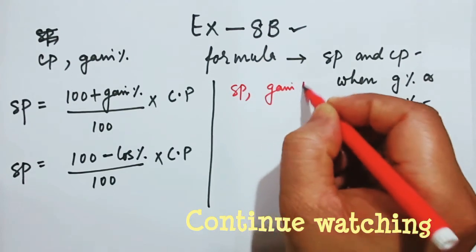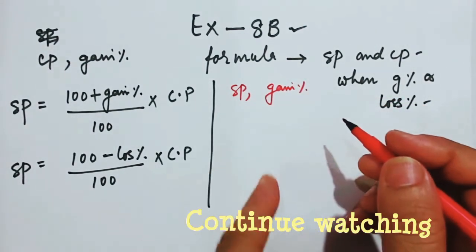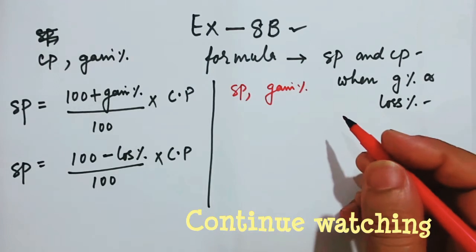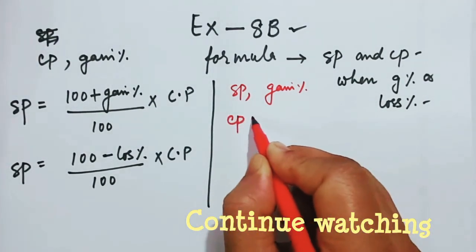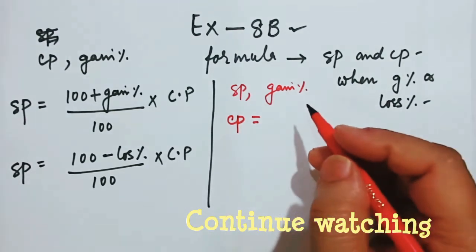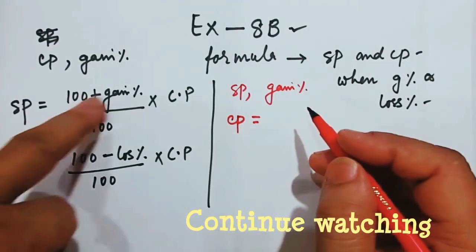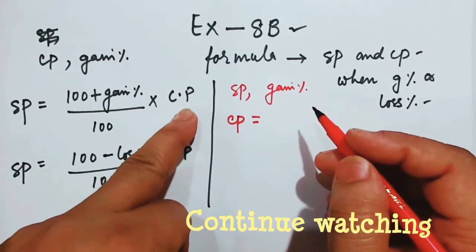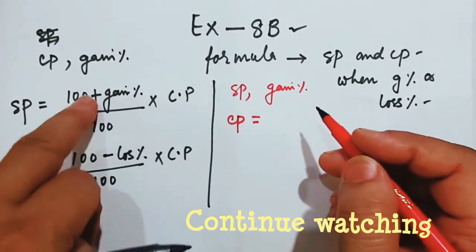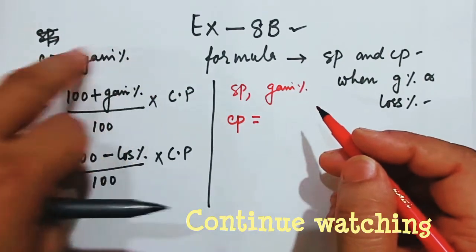Now when your selling price and gain percent are given, then you can find out the cost price using the formula. When you are finding the selling price, it is (100 plus gain percent) by 100 into cost price, but when finding the cost price, just revert this, make the reciprocal of this.